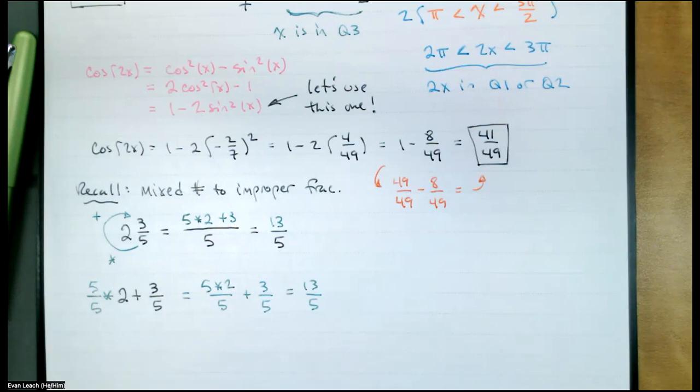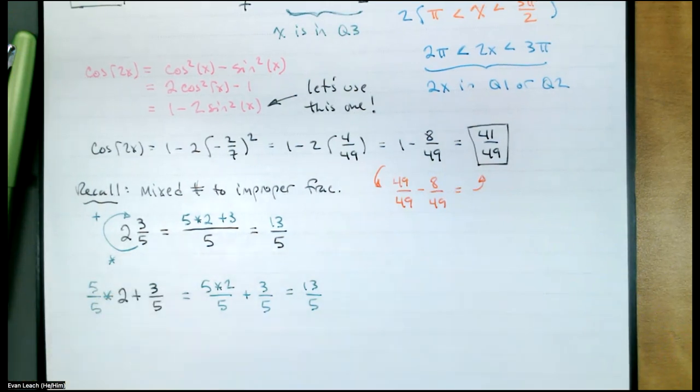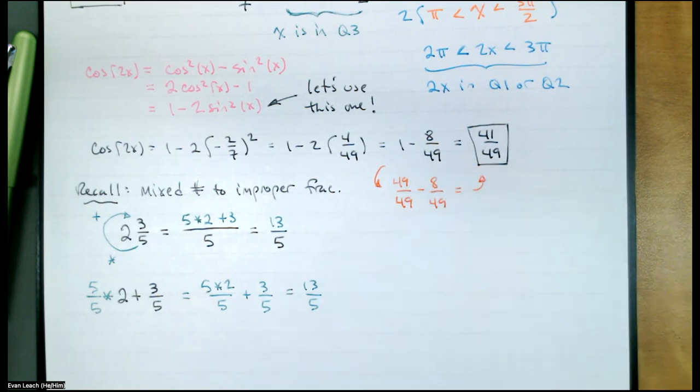The only difference between writing 2 3/5 and this 1 minus 8/49 is that we just assume that the 2 3/5 has a plus in between it. Even though when we read this fraction, we say 2 3/5. And it just means 2 plus 3/5. This is just 1 and negative 8/49.